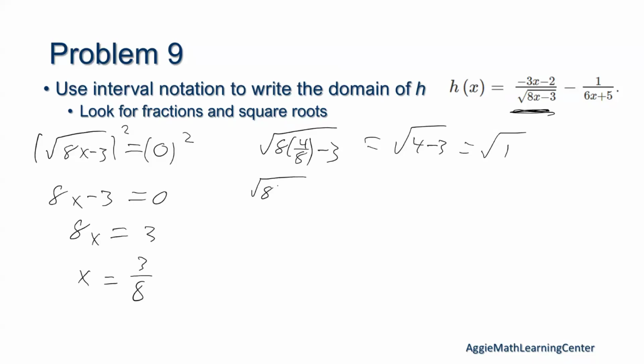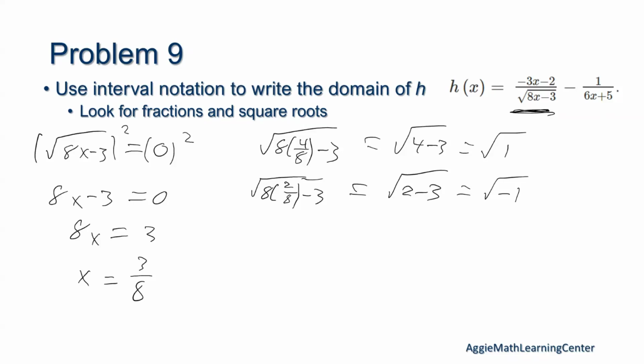Square root of 8 times 2/8 minus 3. So that would give us the square root of 2 minus 3, which equals the square root of -1. And because it's the square root of a negative number, that's not going to be in the domain of the function. So therefore, we know all the values are going to have to be greater than 3/8.